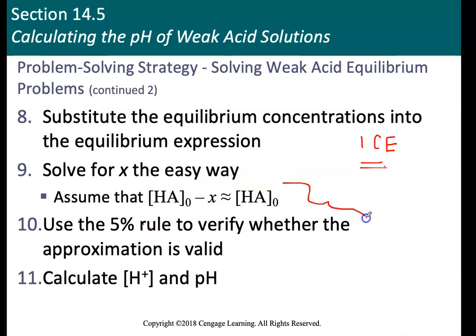You notice that in the last chapter, we were talking about the value of x being very small, meaning that we can simplify the equation if the x value is small. And that's what we are seeing here. We make an assumption where x is very small, therefore the initial concentration of the acid minus x will be approximately the same as the initial concentration. That is what we expect in a weak acid.